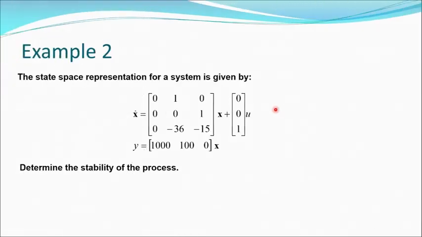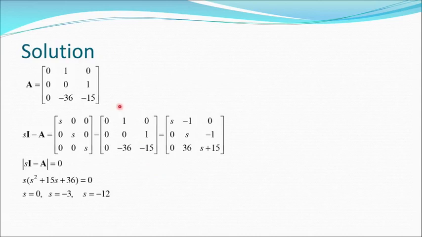In the second example, we are given a state space representation with 3 system state variables, and we are asked to determine the system stability. Similar to the previous solution steps, first we determine the A matrix.